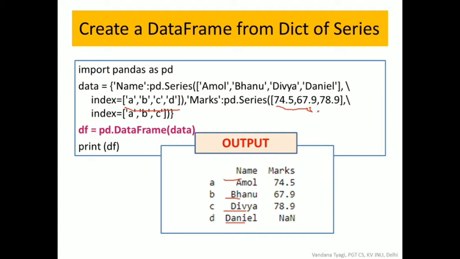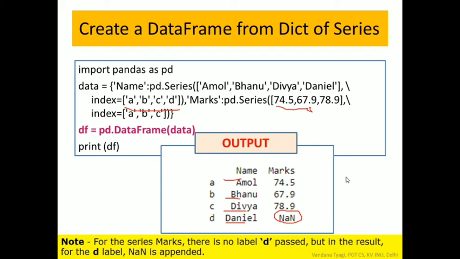So these 3 values are stored as A, B, C, but we have not passed the D label here. So what comes up in the D label? It automatically stores NaN. This NaN stands for not a number. So if any value is missing in any particular list, NaN is automatically appended there.